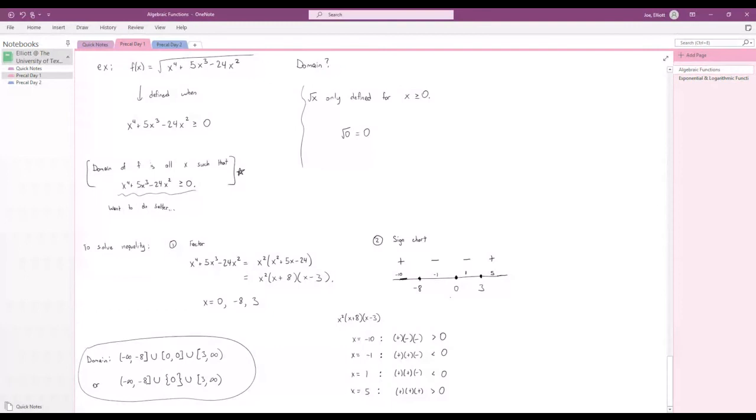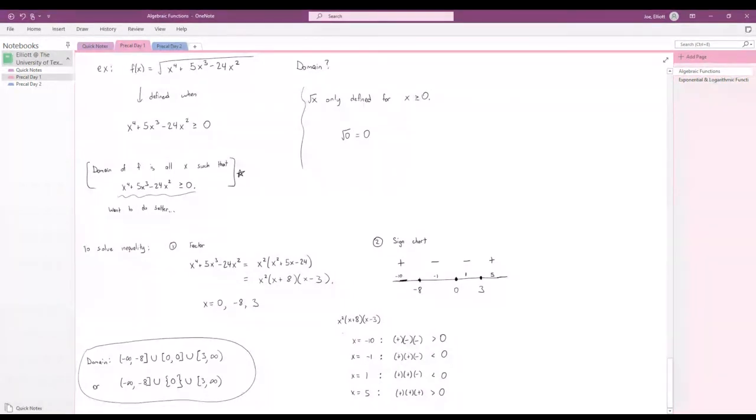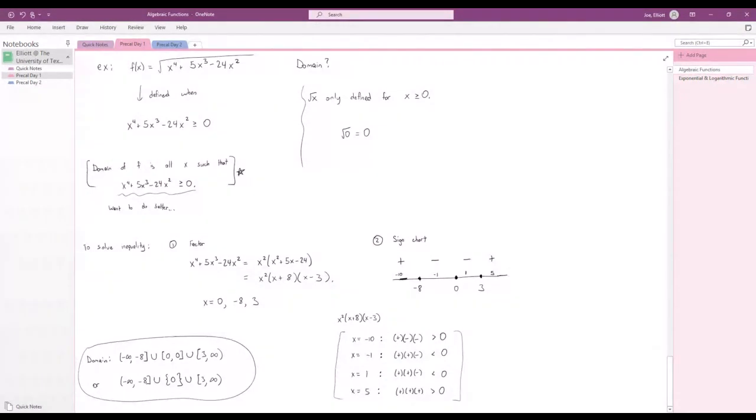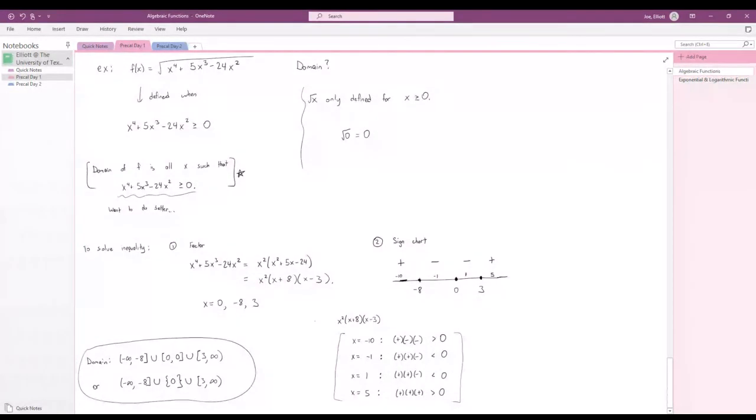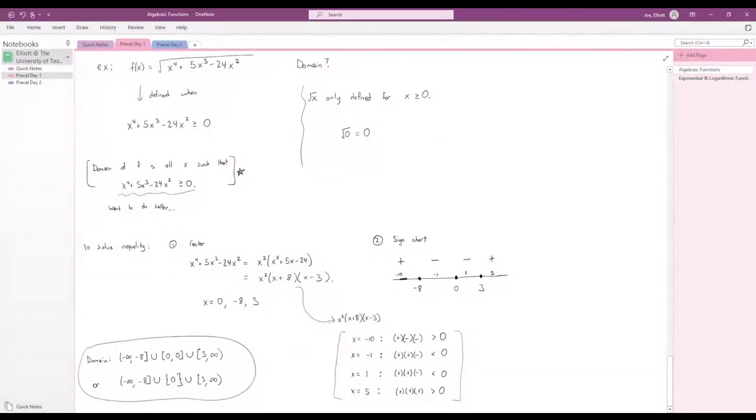Okay, yeah. So for this part down here, what I was doing was plugging in the various test points that I picked from each of these intervals into our polynomial here to see if the result was positive or negative. For instance, when we plug -10 into here, when you square it, it becomes positive.